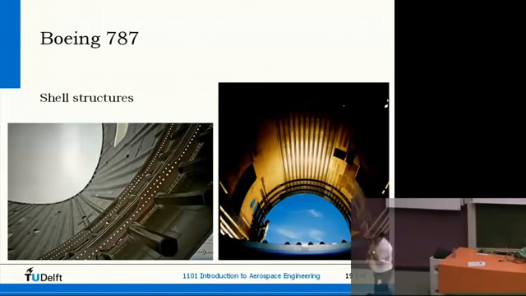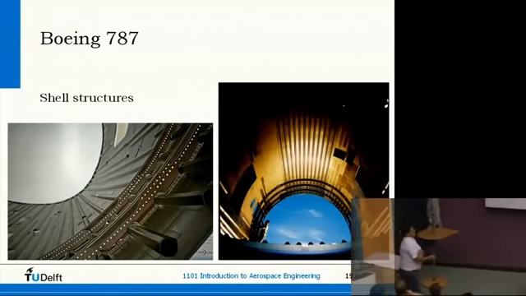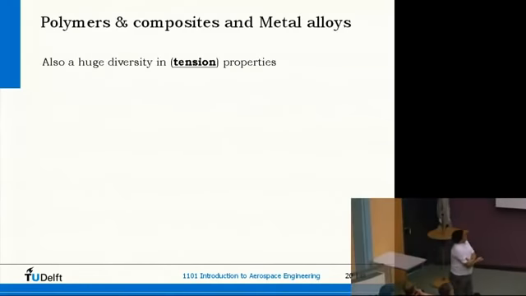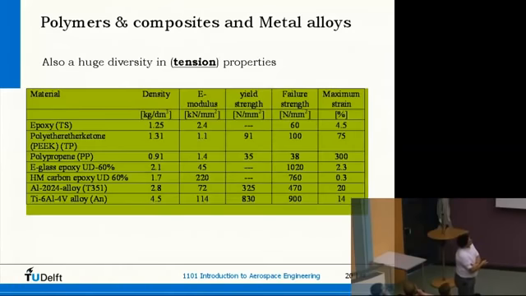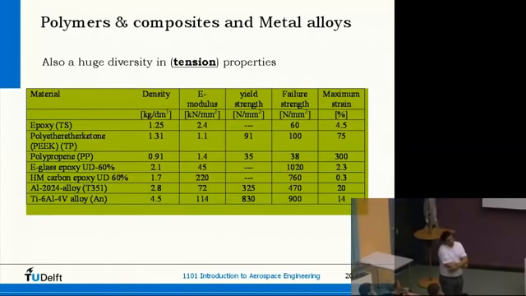Okay, let's have a look at the properties of these composites. I put in this one several materials. First of all, an epoxy. Epoxy is a thermoset polymer. It's polymer only.